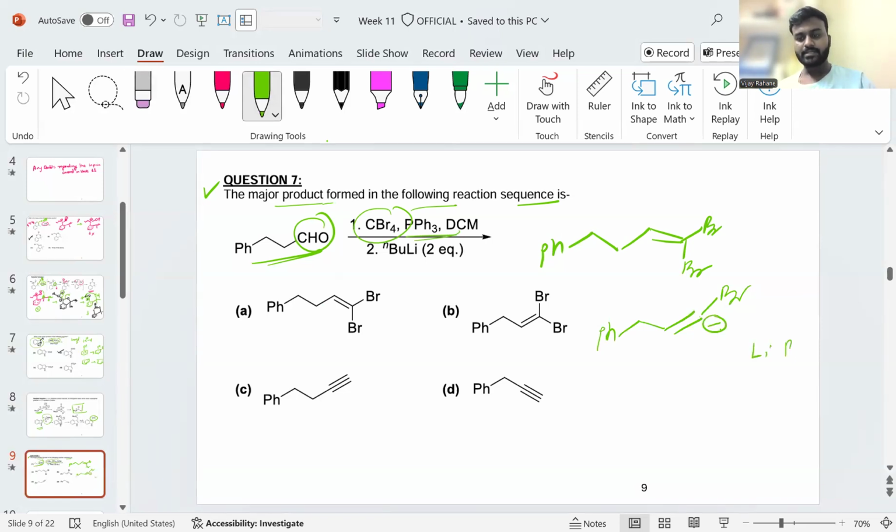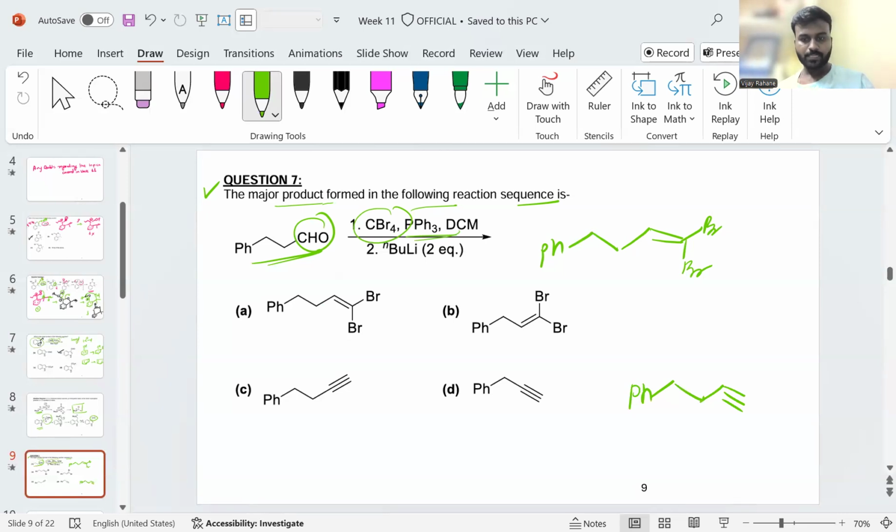So LiBr gets removed, and later there is a Ph, CH2, CH2, CH2, and so that's the triple bond formation. Sorry, not like this. So one carbon will be less in the product.